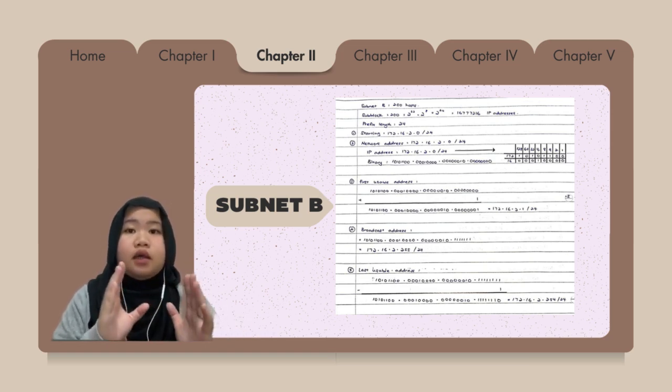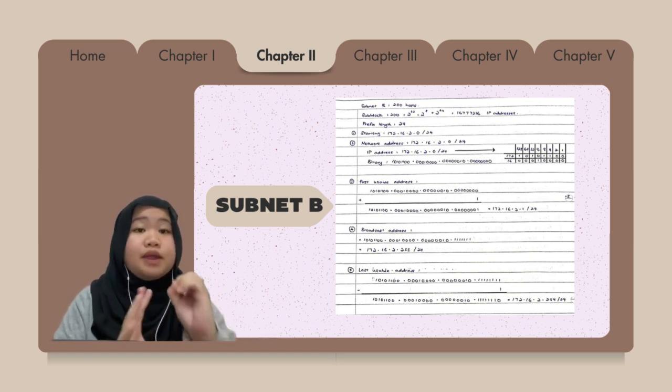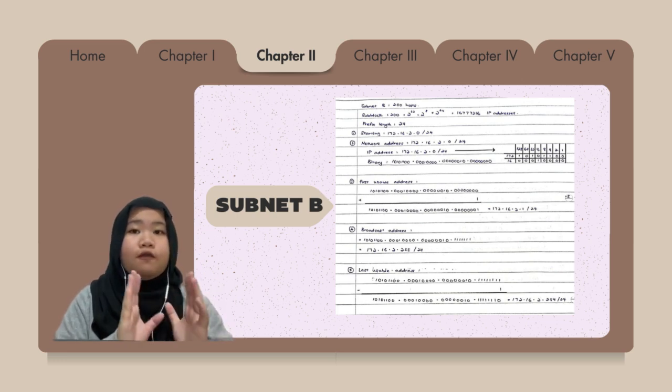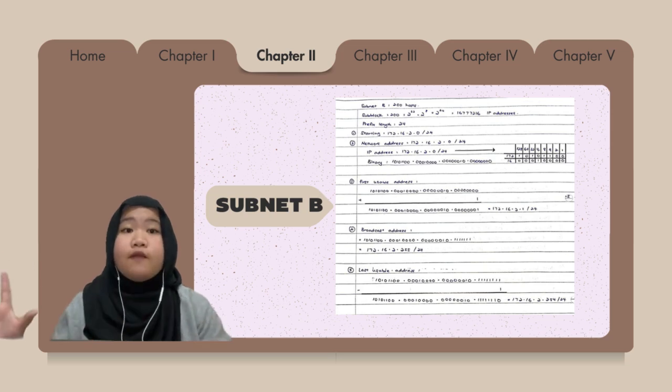Basically the next address will be 0, because the whole octet is 255.